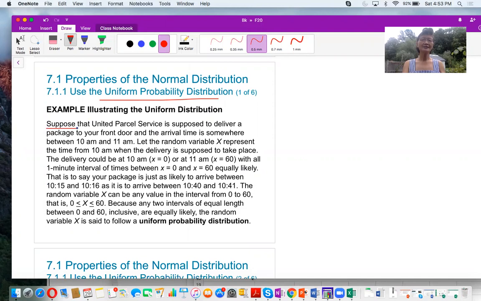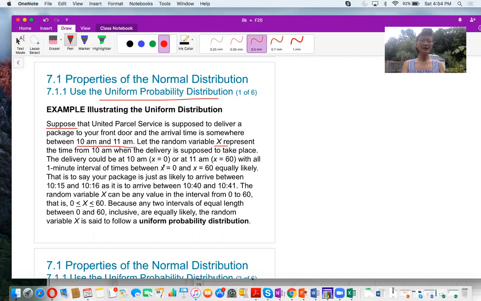Suppose that the United Parcel Services is supposed to deliver a package to your front door, and arrival time is somewhere between 10 a.m. and 11 a.m. Let the random variable x represent the time from 10 a.m. when the delivery is supposed to take place. The delivery could be at 10 a.m. or at 11 a.m.